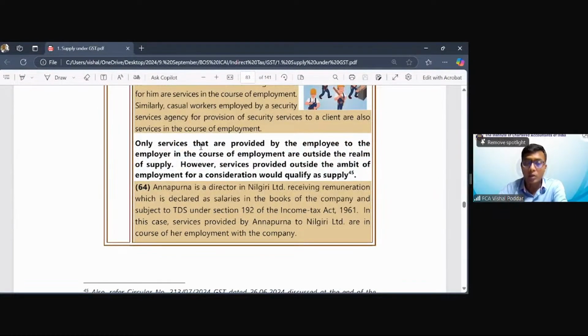What is clarified? Only services that are provided by employee to employer in the course of employment. However, services provided outside the ambit of employment will be a supply. I'll give you an example. Let us say I am working as an employee in Hindustan Lever.